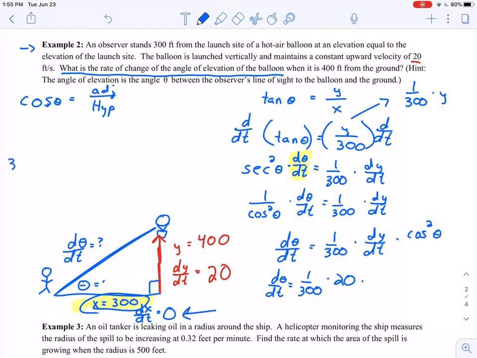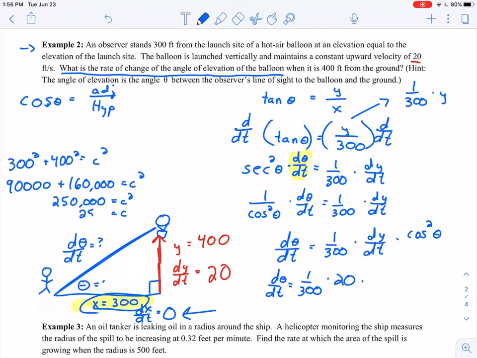So let's see, 300 squared plus 400 squared equals c squared. 90,000 plus 160,000 equals c squared. I should end up with 250,000 equals c squared, so c must be, I'm sorry, not 2,500, just 500.